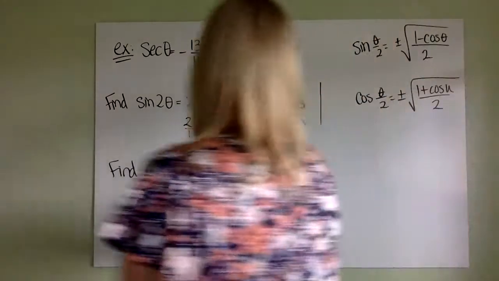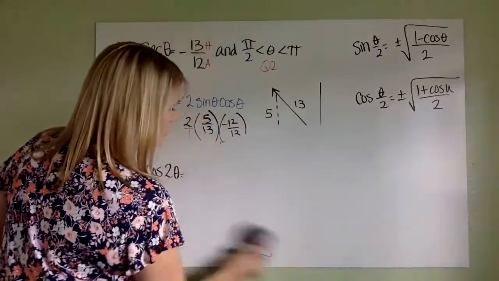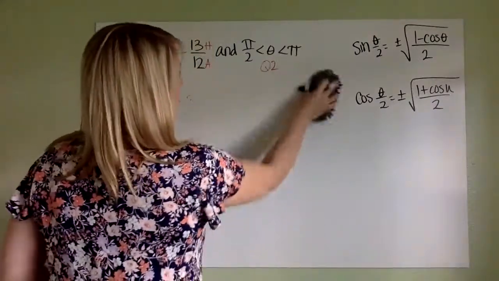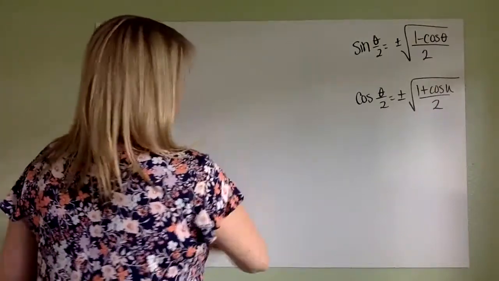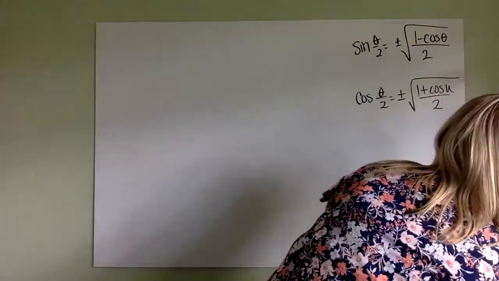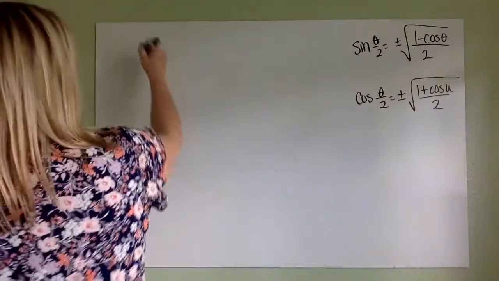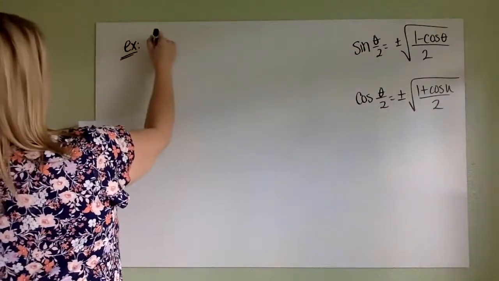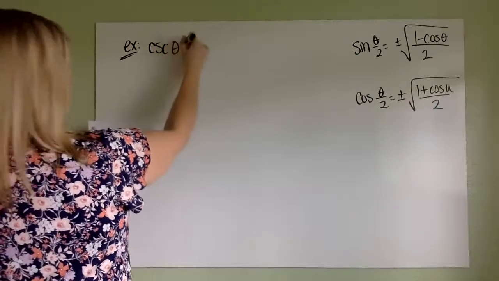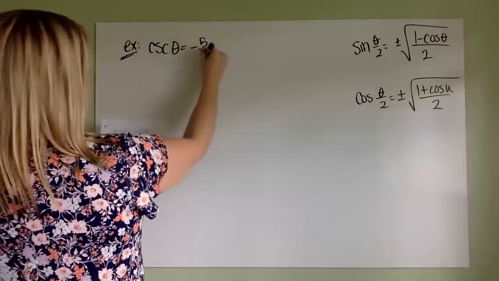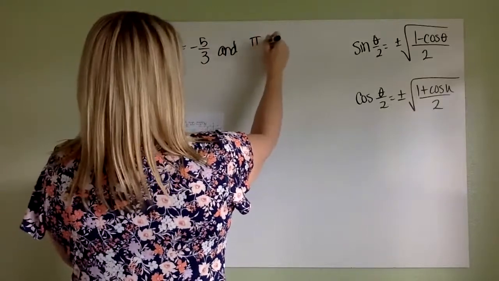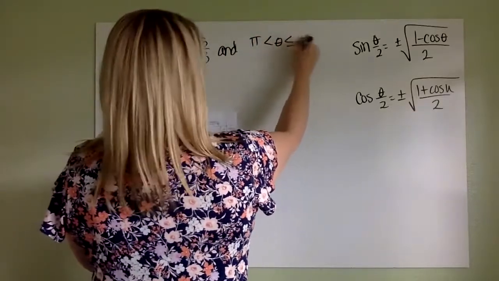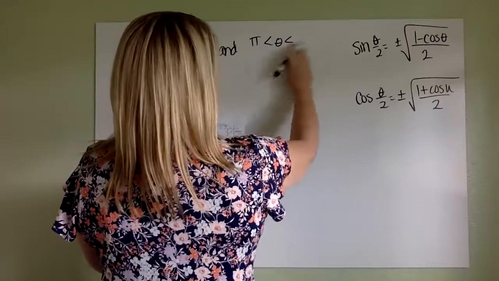And the problem you're going to have is very similar to what we just did here. You're going to be given some information. For example, the cosecant of the angle is negative 5/3, and the angle is between pi and 3 pi over 2.